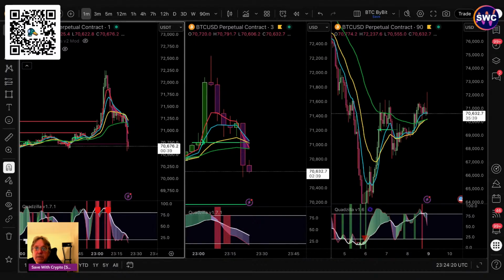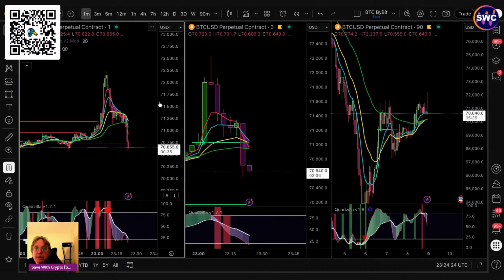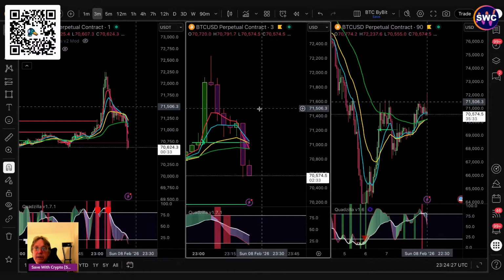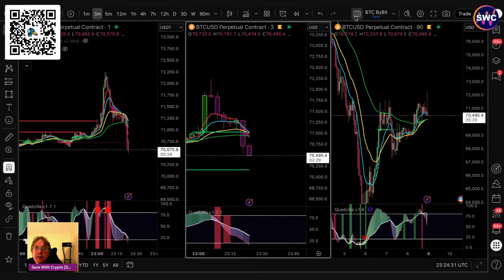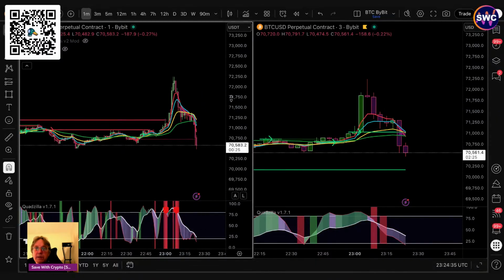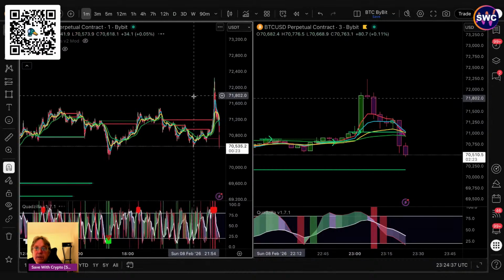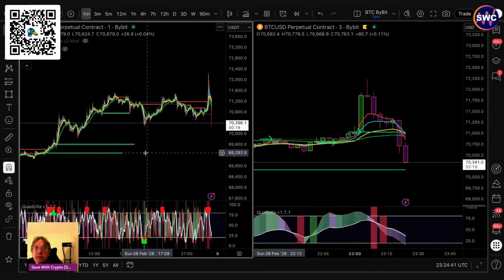Let's go back to my chart here. Right, that's the 1 minute, right? Maybe I'll just have it in 2. It's a bit cramped up otherwise, isn't it? Right, so the 1 minute's got all these levels down here as well.